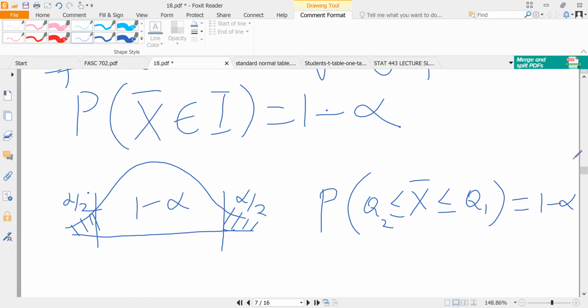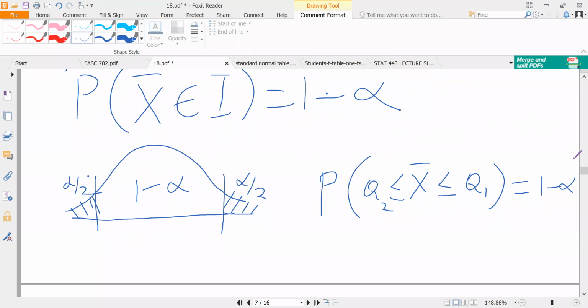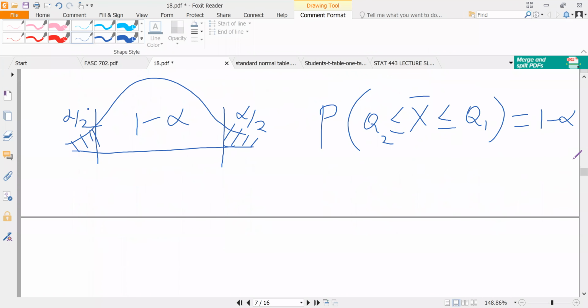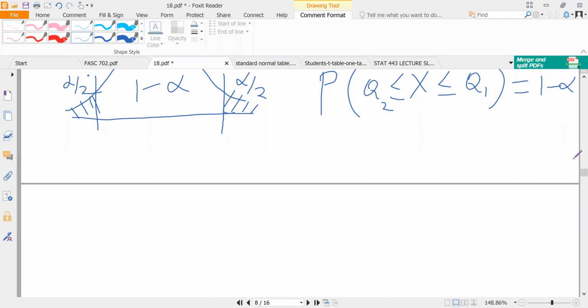Now, to be able to find these exact values of Q1 and Q2, what we do is we perform a procedure that we saw last week. We standardize X bar. Remember, last week we saw that we have two test statistics.